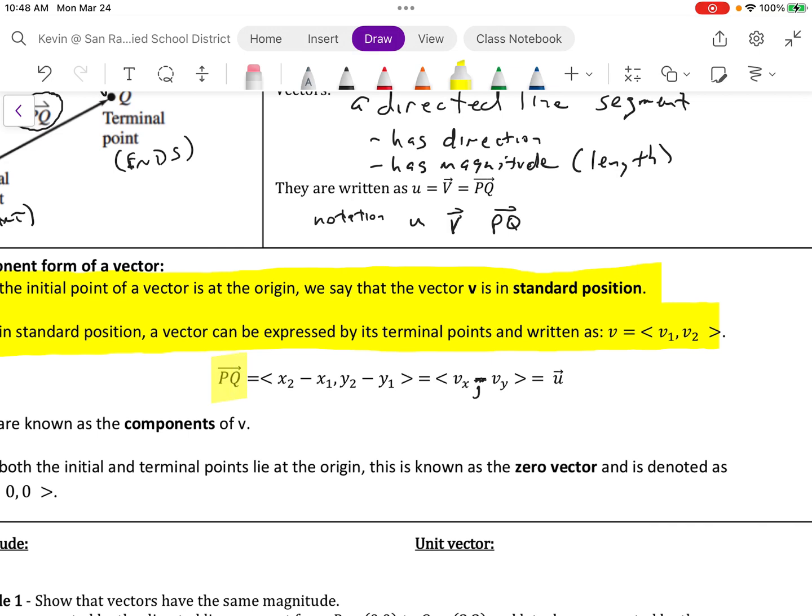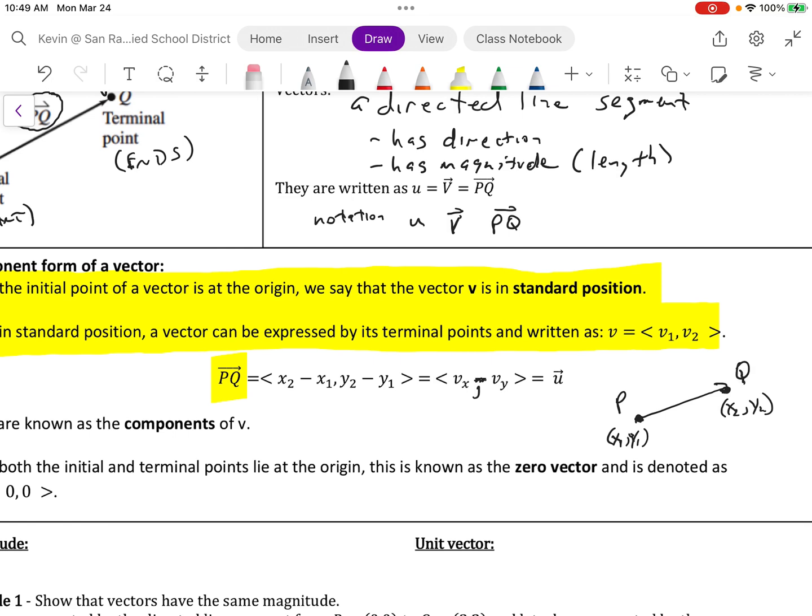It gets a little crazy. So here's our vector PQ. Let's say this point is x sub 1, y sub 1, and this is x sub 2, y sub 2.